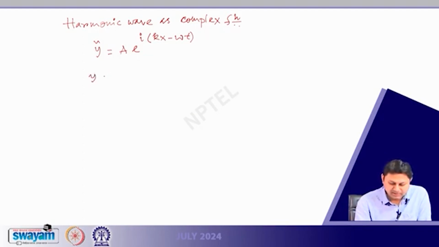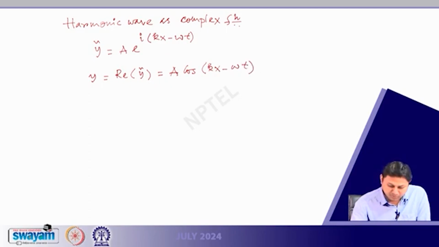So y I can write as the real part of y tilde, and that is A cos(kx minus omega t). This is the cosine form of the harmonic wave.